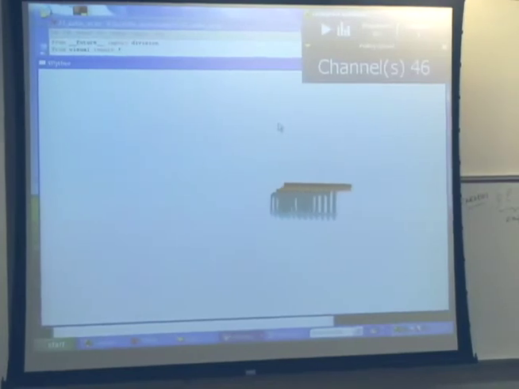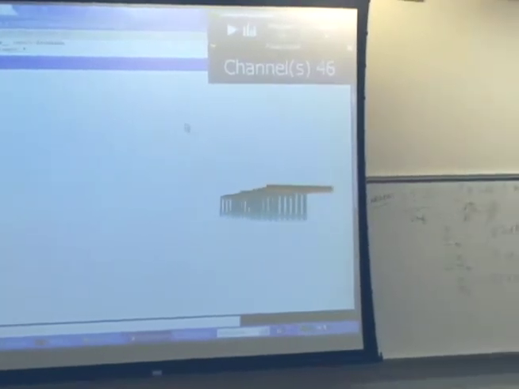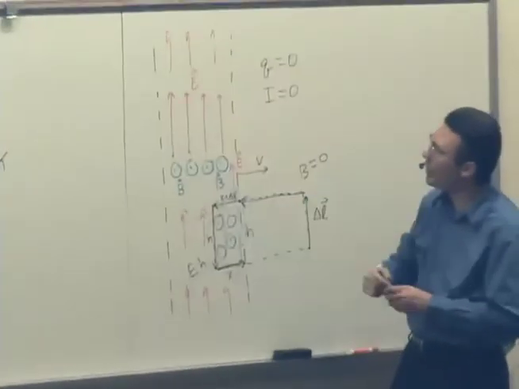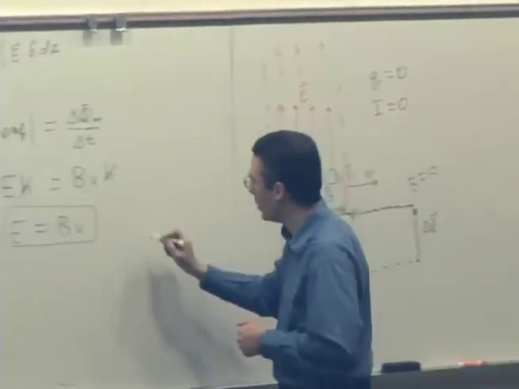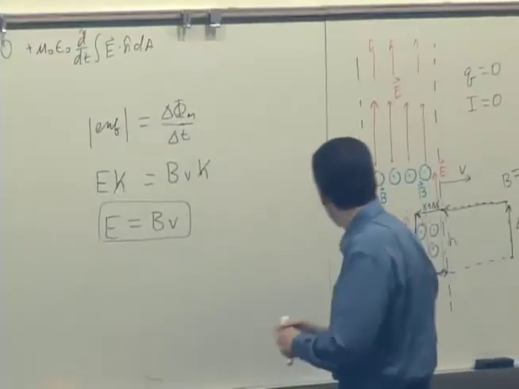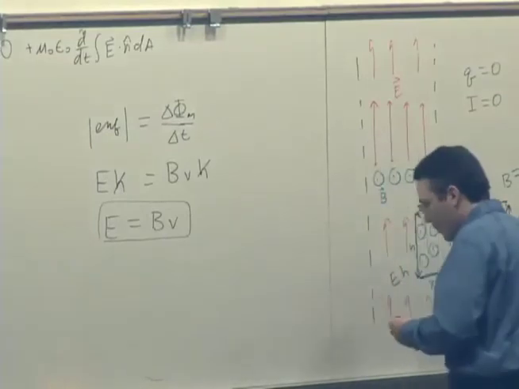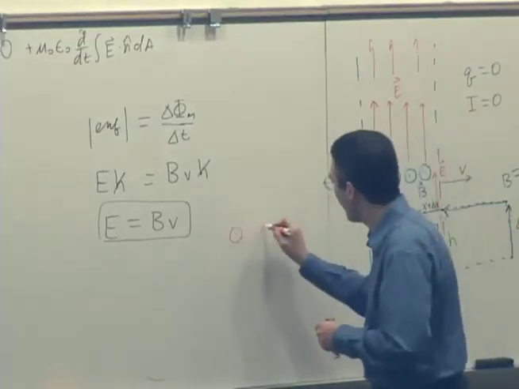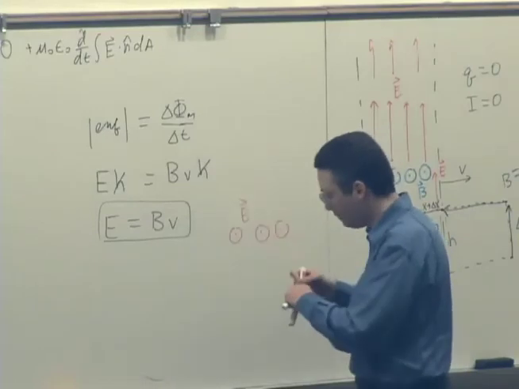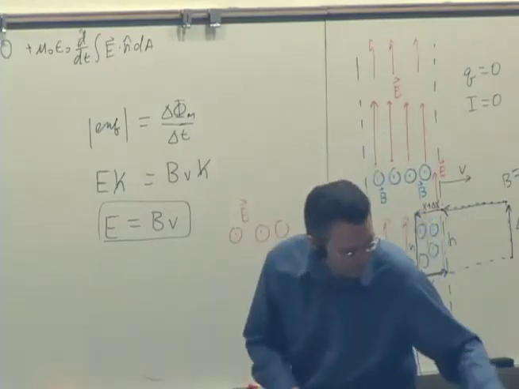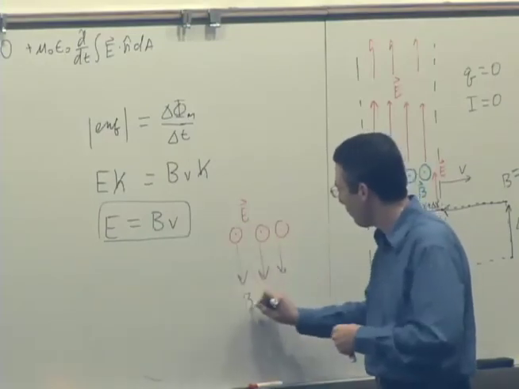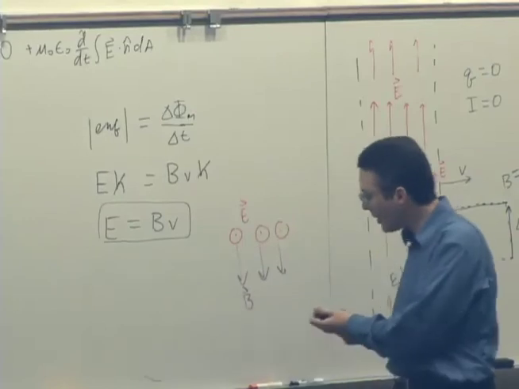Okay, so imagine instead choosing a loop that's oriented in the plane perpendicular to the board here. And so if I just rotate the picture and draw E pointing out, and B pointing down, then I can go through the exact same reasoning.